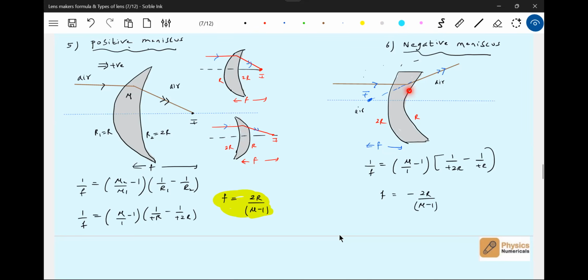This is a diverging lens, negative meniscus. Okay, these are the six general types of lens. The radii need not be 2r, right? It can be 2r, 3r, anything. Please do understand, I just took some values here, but the radii can be any values.